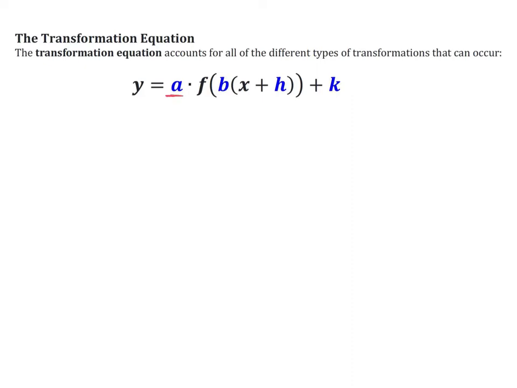So this letter A, the letter A in front, if you did task number 4, I believe it is, or maybe it was task number 3, letter A is associated with a vertical dilation. It could also impact the reflection if you have a negative sign in front of that. It could also refer to the vertical reflection.